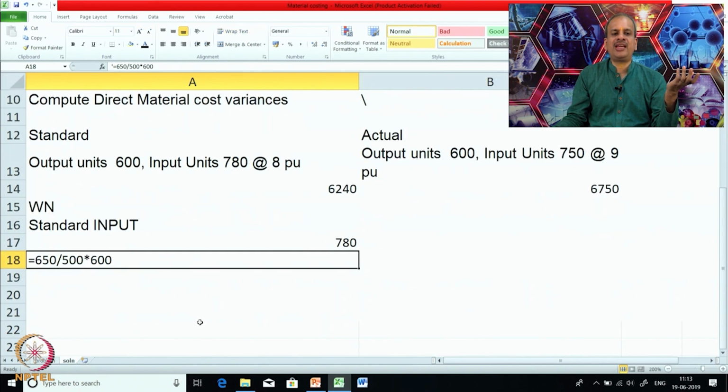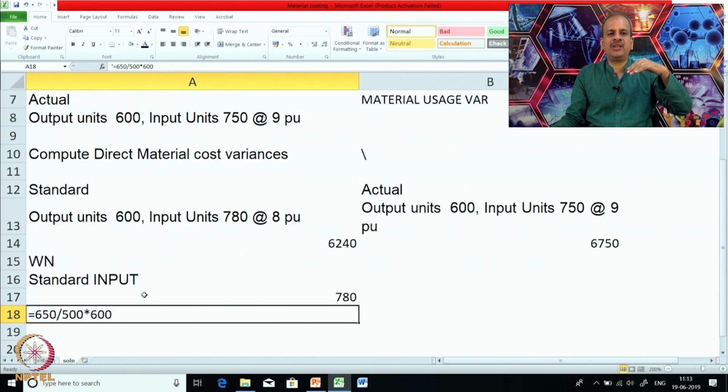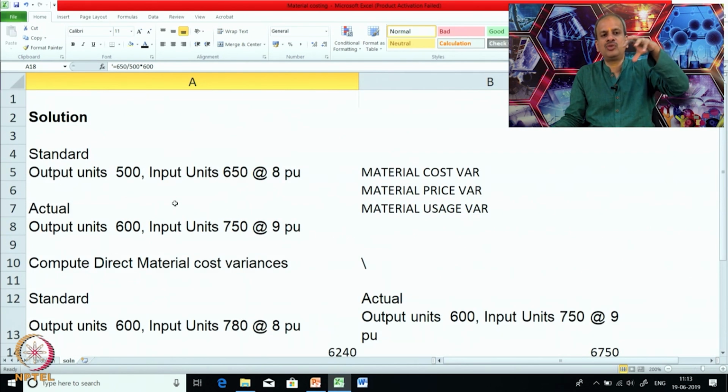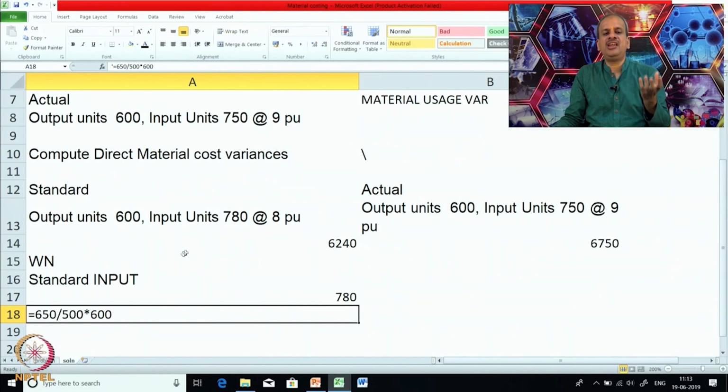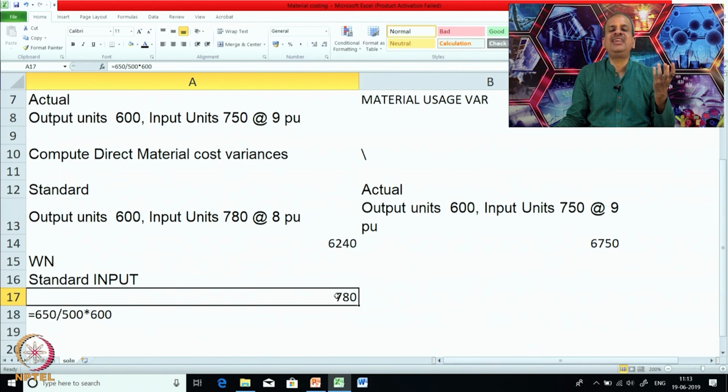So, I have tried to calculate it here, 650 divided by 500 into 600, because the output has increased. The output has gone up from 500 to 600, so we need to increase the input proportionately, which gives us 780 as a standard input.